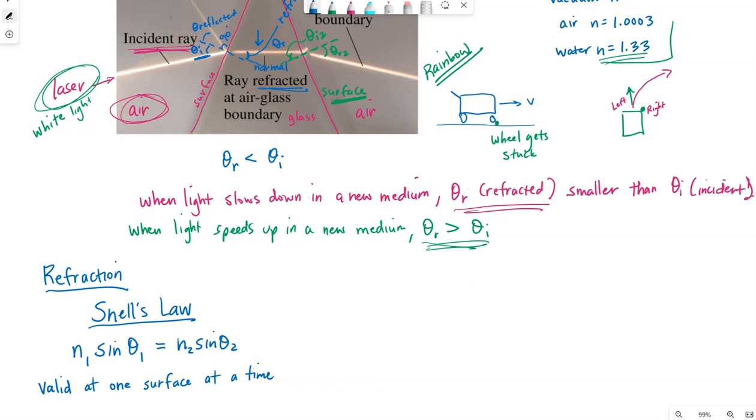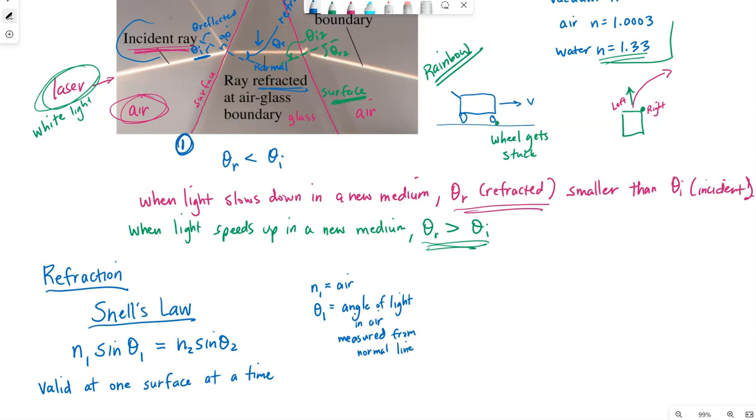if I look back up to our picture, we can use this equation on this left-hand surface. So at this surface, what we would mean is N of air, because that's where this incident light ray is. Theta 1 would be the angle of the light in the air measured from the normal line.